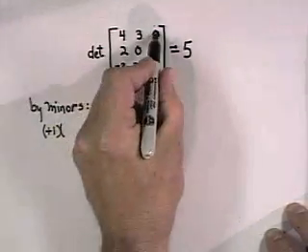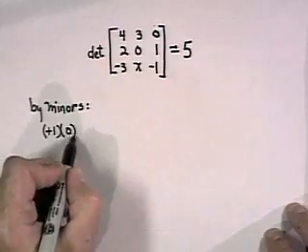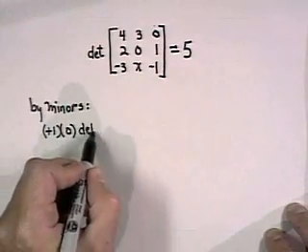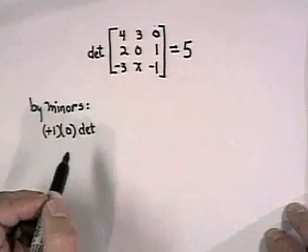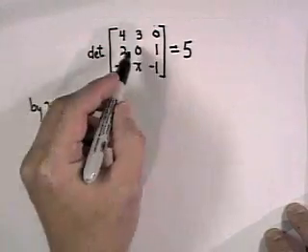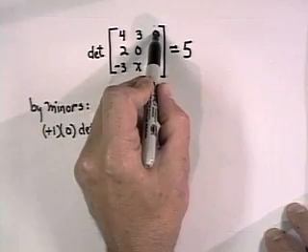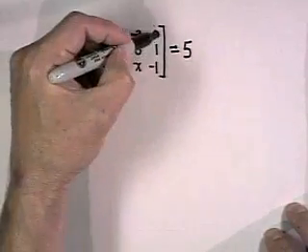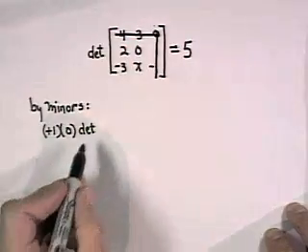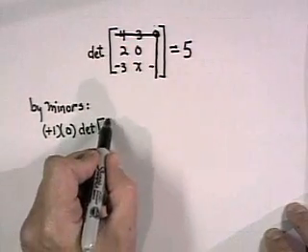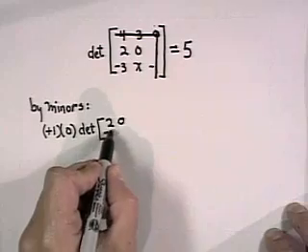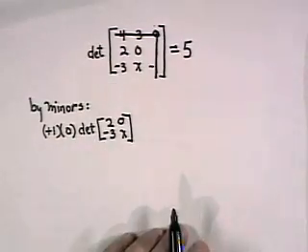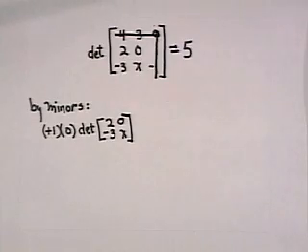Then we multiply by the entry itself, and then we multiply by the determinant of a smaller, in this case 2 by 2 value, which we can find by taking the entry we're looking at and crossing out that row and that column, leaving us with the determinant of 2, 0, -3, x. Now we'll move on to our second term.